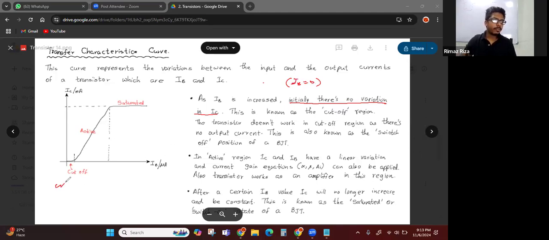And then the next point, write when VBE is greater than 0.7 volt for a silicon transistor, the BE junction will be biased.